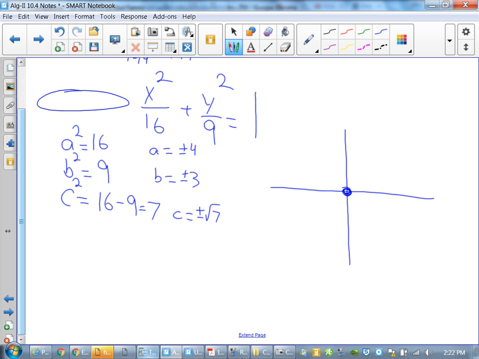So if my center is at the origin, I know that my vertex has to go left and right. It has to go left and right how many? 4. There's my vertices. My co-vertices then have to go vertical, up and down 3.